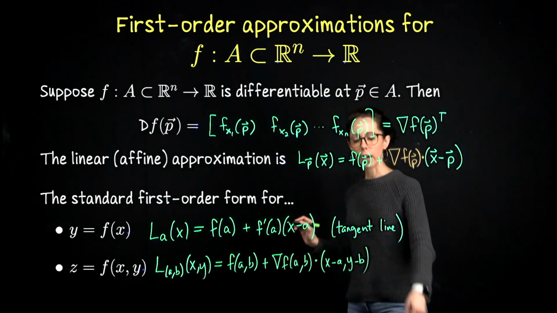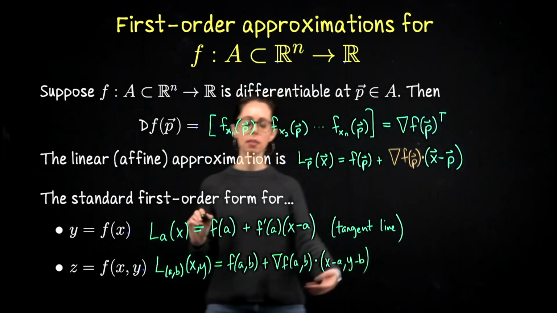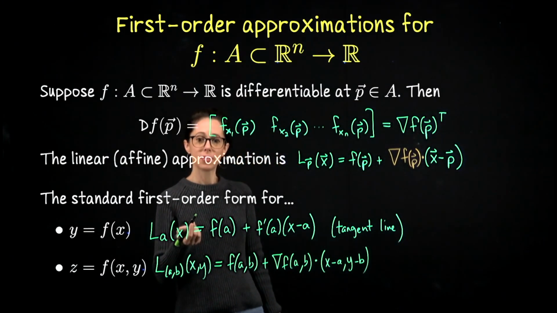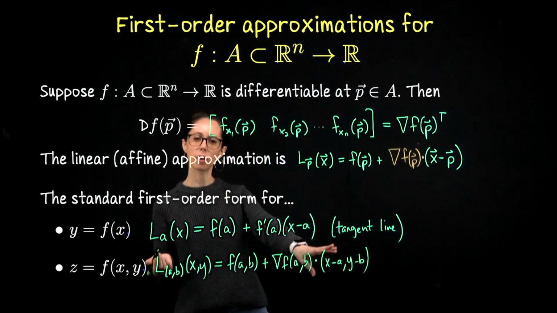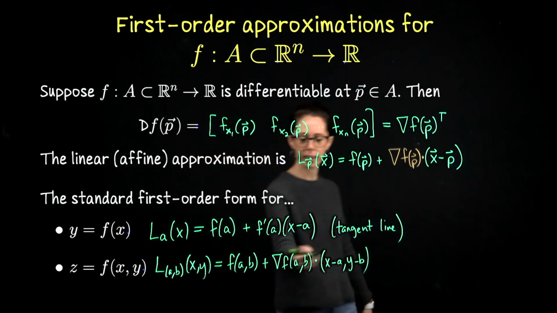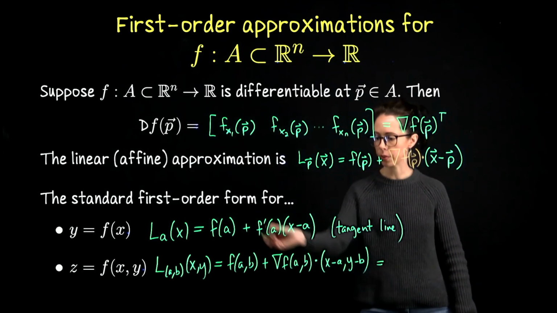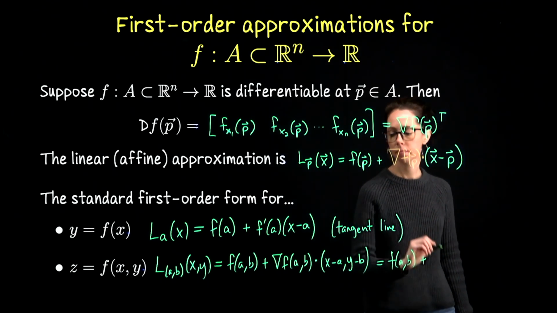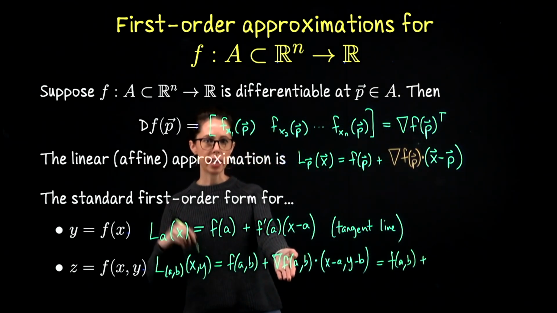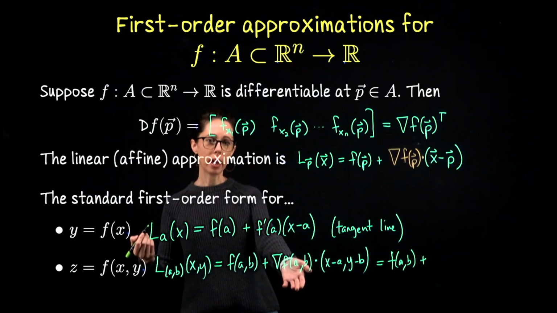When I teach multivariable calculus, this is how I like to write tangent planes. But I know that in a lot of texts, it's written out a little differently, where this dot product is expanded. So if that's what you were expecting to see, let me tie it together with what I have here. The first part is just f of a and b. This gradient is df/dx at (a, b), df/dy at (a, b).